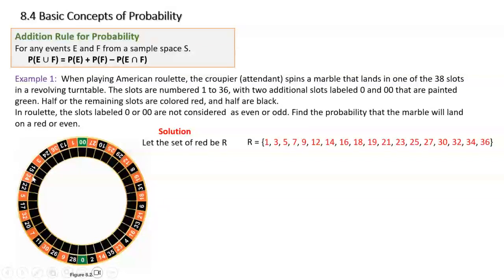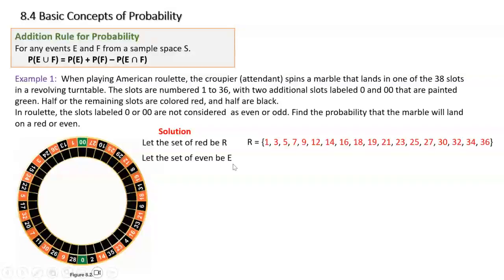And I went through the whole roulette table, and I got all the red numbers. For example, there's a 1, then the 3, then the 5, and so forth. So all these are the ones that are red. Now we're going to let the set of event be E, of the even set, because it says that the marble will land on a red or even.